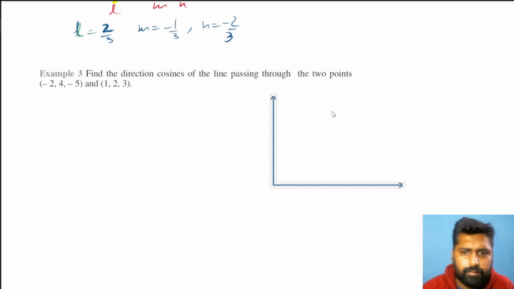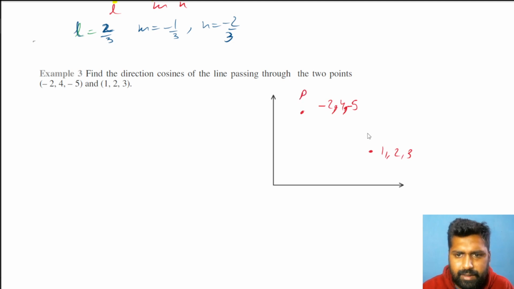So you have two points. I'm randomly marking them: minus 2, comma 4, comma minus 5, and 1, comma 2, comma 3. Let's call this point P and this point Q.